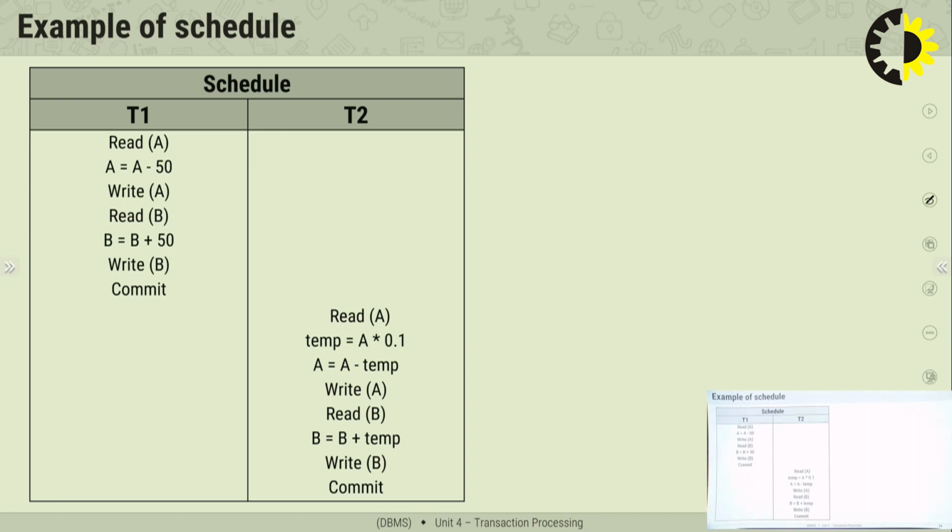Thereafter, another transaction, T2, starts. It reads the value of A, then computes 10% of A as temp, then A equals A minus temp.